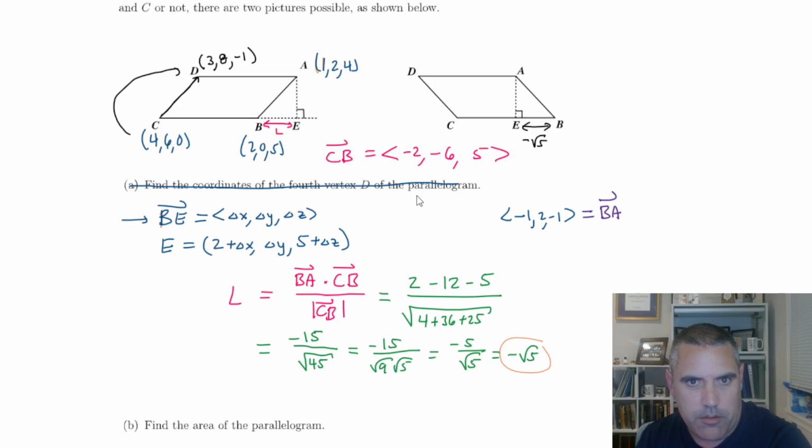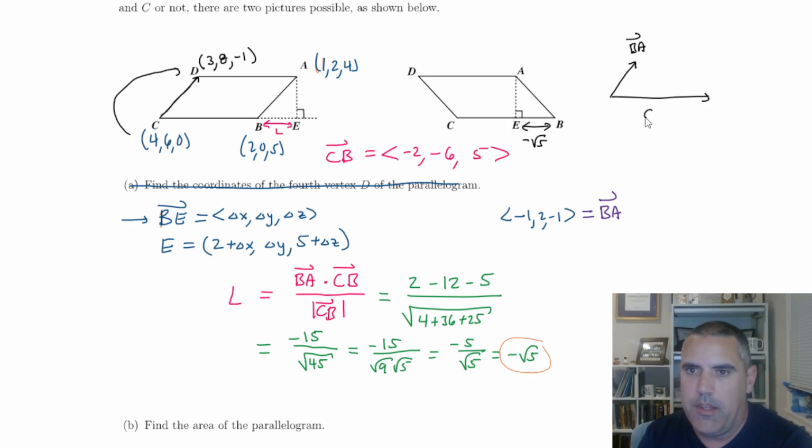I guess the other comment to make is, if I'm thinking about the angle between them, I should draw them tail to tail. Now they aren't drawn tail to tail. So if I had drawn BA and CB, just to give another reason I know which picture it is, and I want to know the angle between them: if the dot product is 0, they're perpendicular.